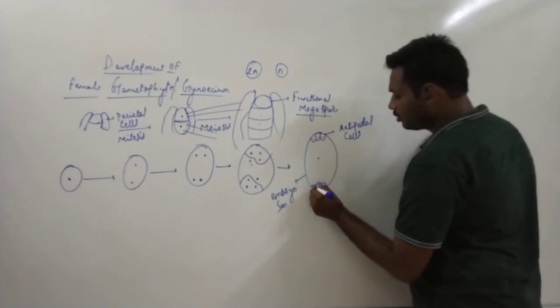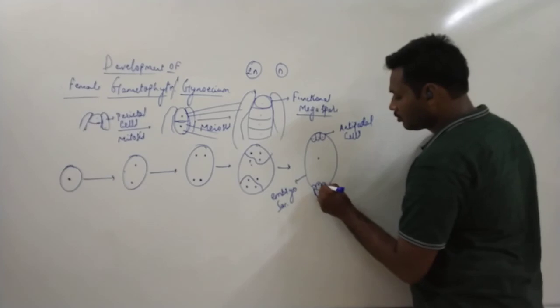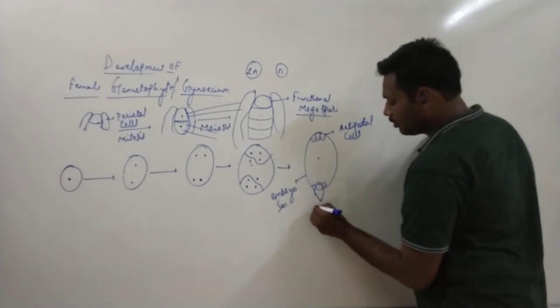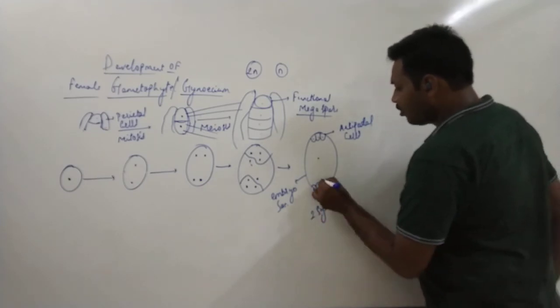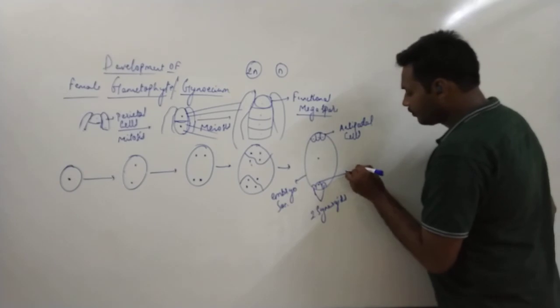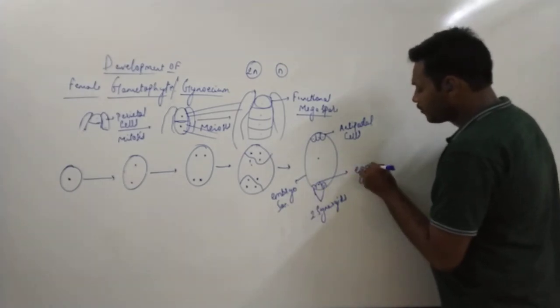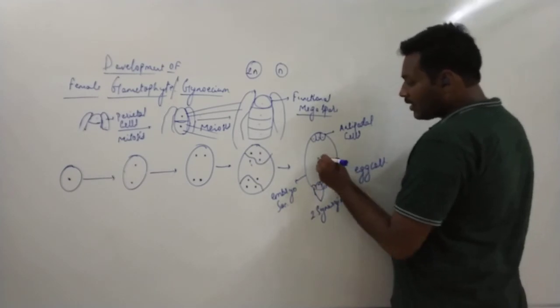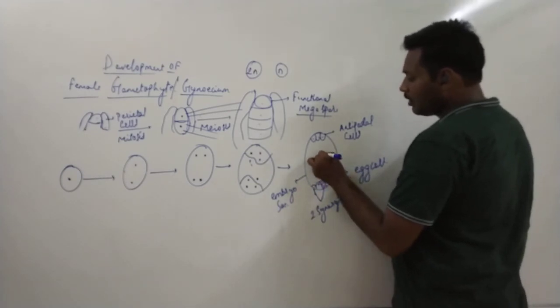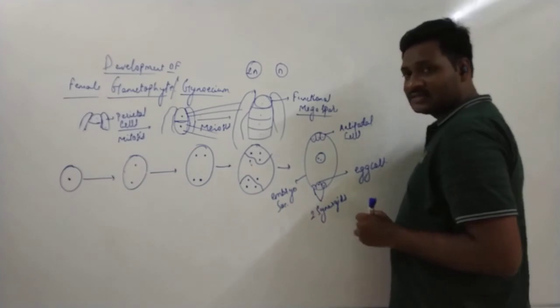2 synergids and 1 egg cell, right? And the remaining nuclei will come to the center and form a single cell.